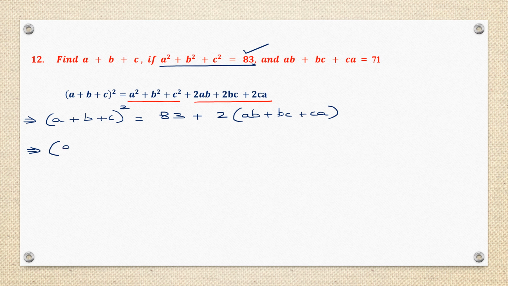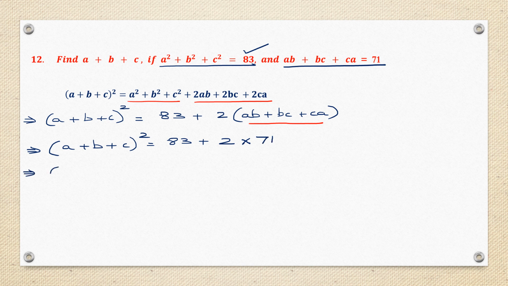So this is a plus b plus c the whole square. This is equal to 83 plus 2. Now look at this one here. ab plus bc plus ca is already given to us. The value is 71. So that means 2 into 71.